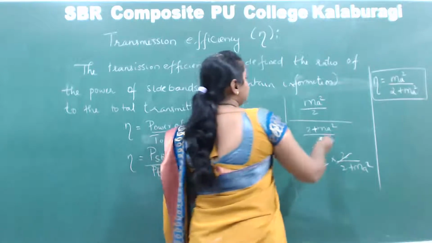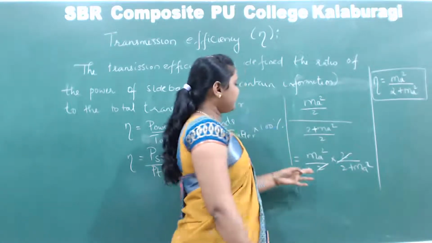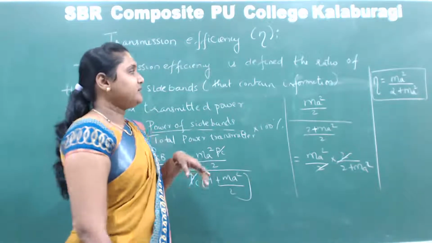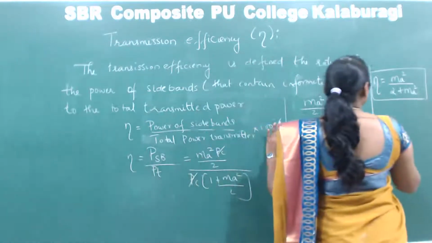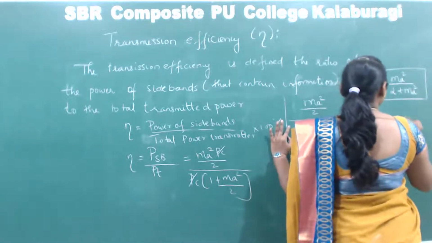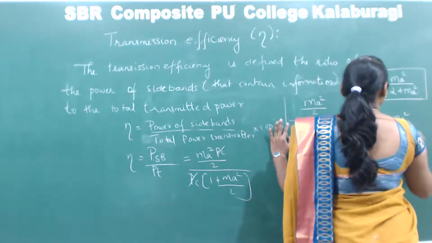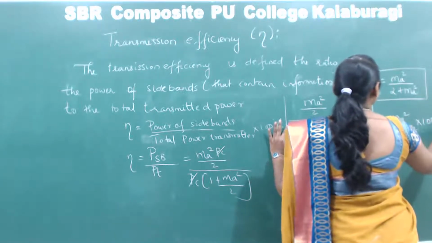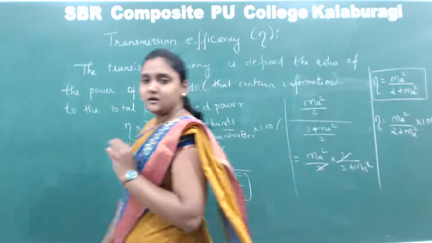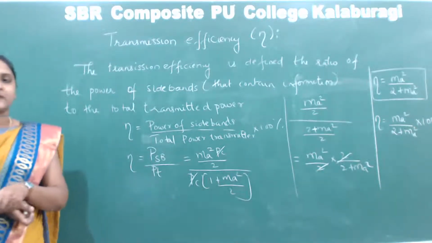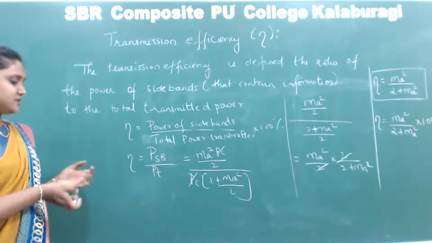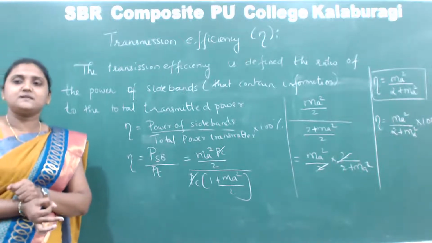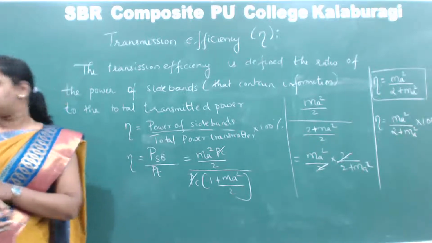So this 2 and 2 you can cancel out right here, and you will get MA square divided by 2 plus MA square as the final expression for eta, which can be written in terms of percentage as MA square by 2 plus MA square into 100%. So this is about the transmission efficiency of the AM wave.